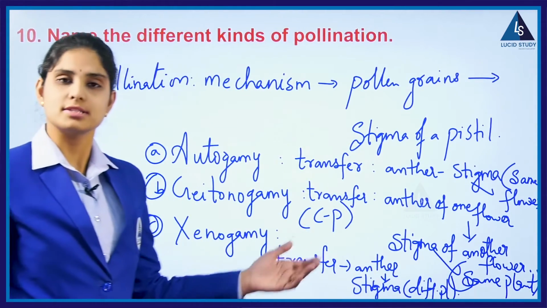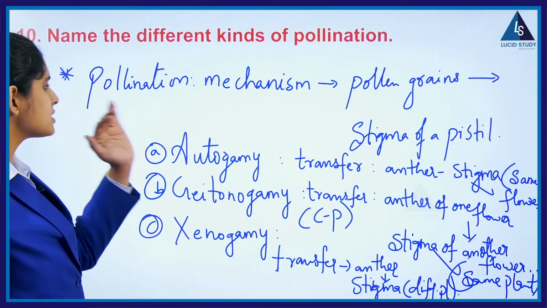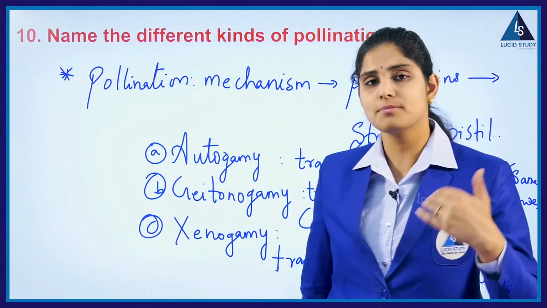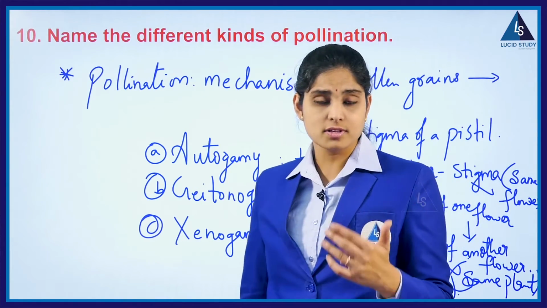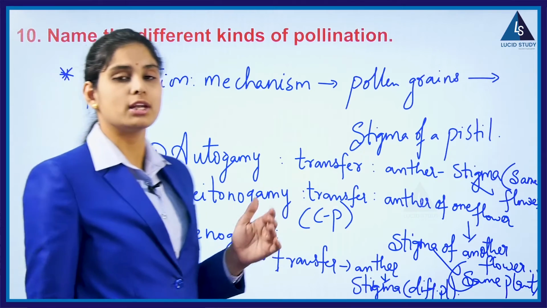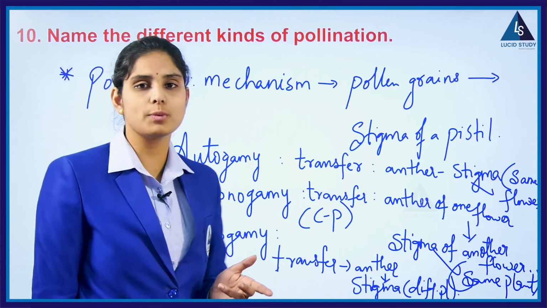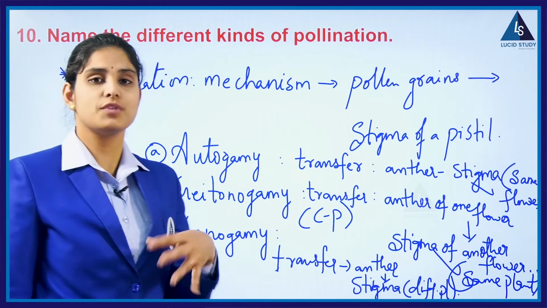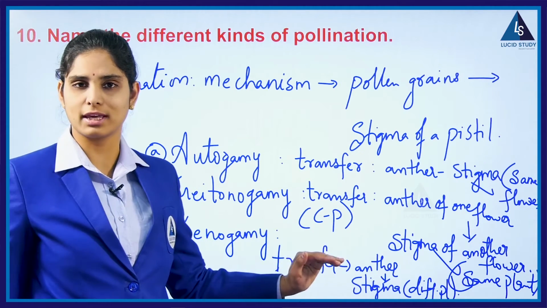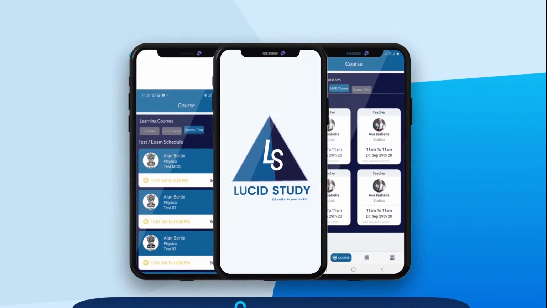This is called xenogamy. So, pollination is a mechanism to achieve the transfer of pollen grains from the anthers containing pollen grains to the stigma of the pistil. Now, basing upon from where to where the transfer is taking place, it is divided into autogamy, geitonogamy and xenogamy.